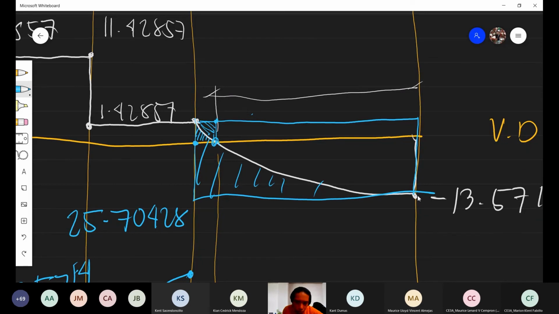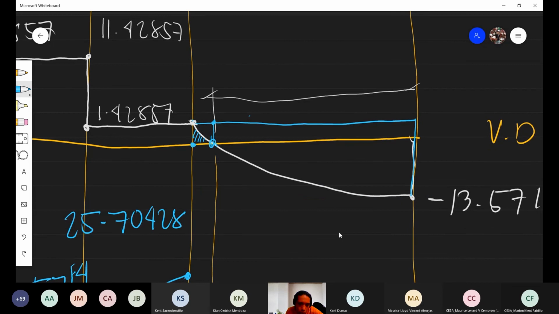Any other idea? We cannot do that. How do we solve this one? Let us get the area and the spandrel.